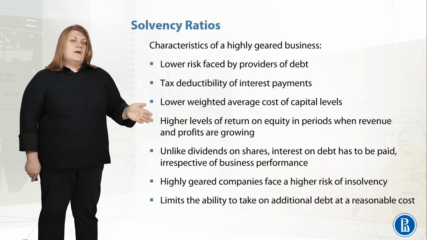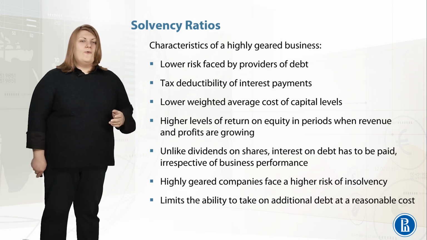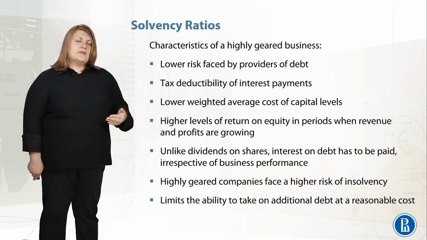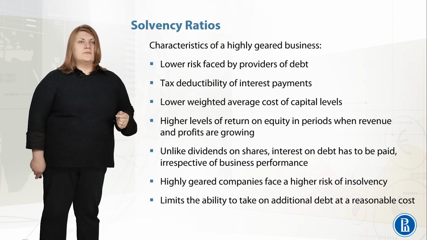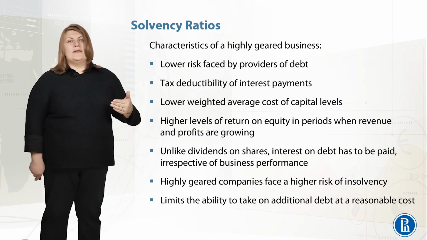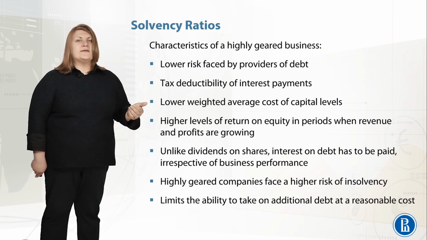Limits of solvency fall into the area that the company might not be able to take on additional debt at a reasonable cost. Now, a high level of gearing will typically be considered more common with companies with relatively stable earnings.